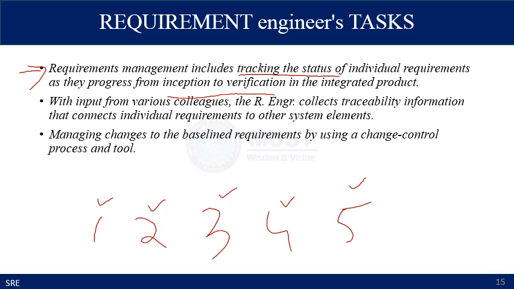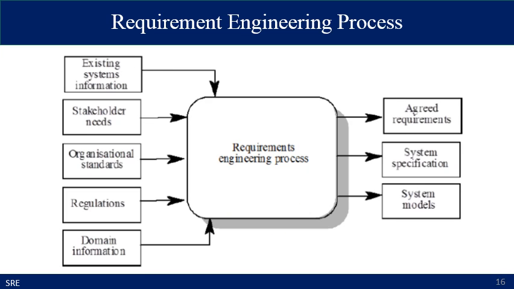Secondly, you keep track of the traceability information that connects the individual requirements to the other system elements. For example, in the future these two requirements may be met by another requirement named requirement 6, and additionally it manages changes to baseline requirements through the change control process.